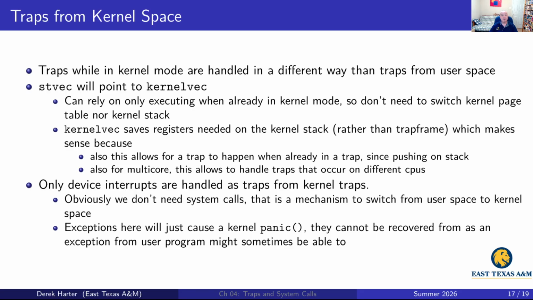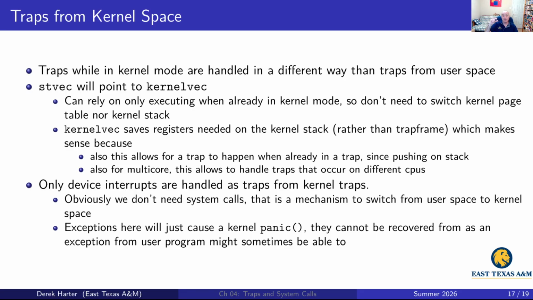In many ways, it's simpler. We can rely on the fact that we're already in kernel mode when a trap occurs and we start executing the kernelvec, right? One of the things that happens in the user trap method is it sets stvec to point to kernelvec, right?